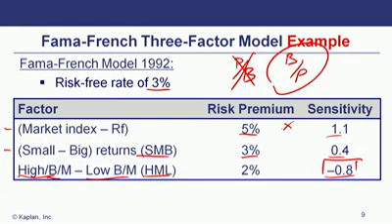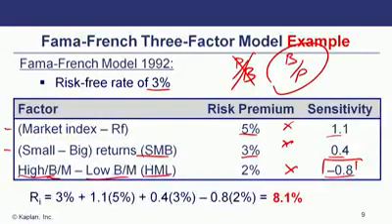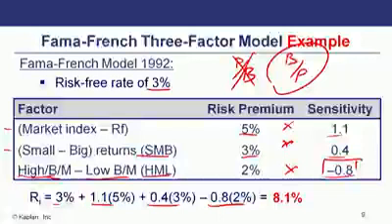So 5 times 1.1 is 5.5. Then 3 times 0.4, and 2 times minus 0.8. Here's the risk-free rate, here is the risk premium associated with the market index, here is the risk premium associated with the size factor, and here is the risk premium associated with book to market, and we get an expected return for the security of 8.1%.